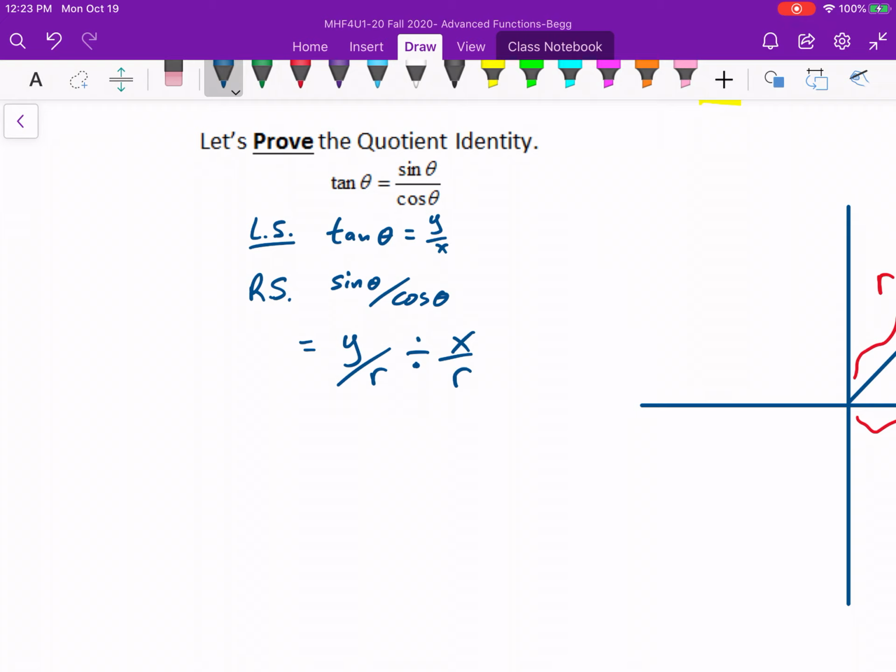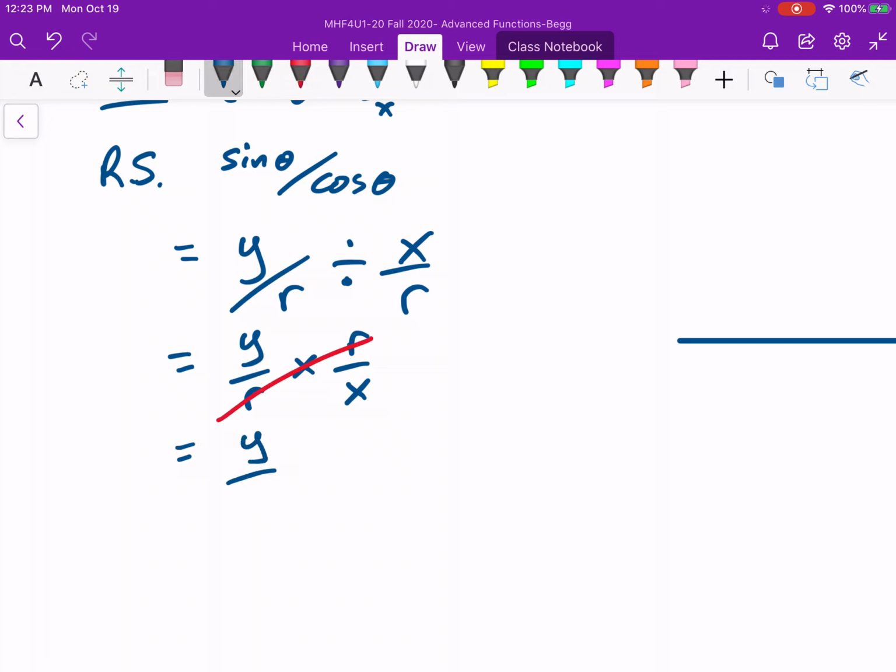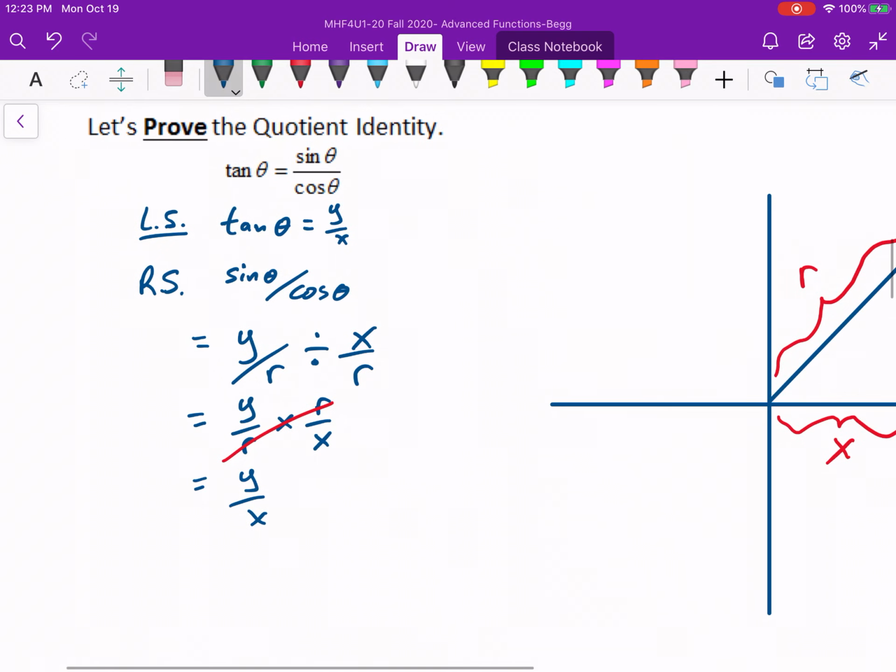So sine theta divided by cos theta is the same as y over r divided by x over r. And if I simplify that, we know that when we divide fractions, we can invert the second fraction, turn it upside down, and multiply. So x over r becomes r over x. And if I multiply, the r's cancel out, and I'm left with y over x. And that is the same as what tan theta equals.